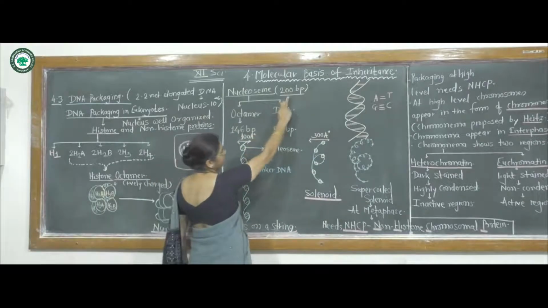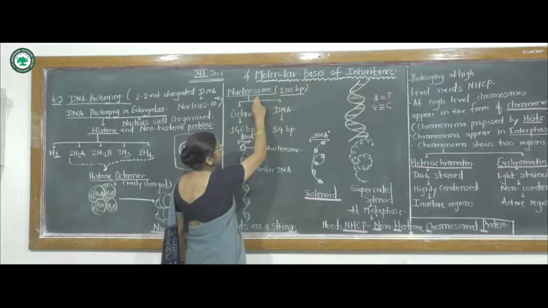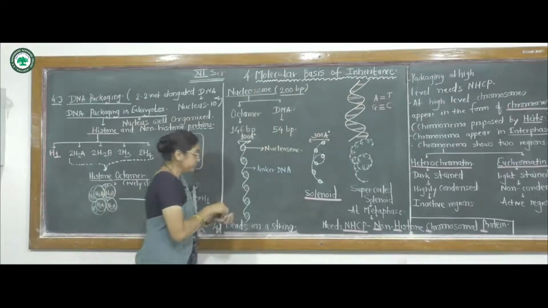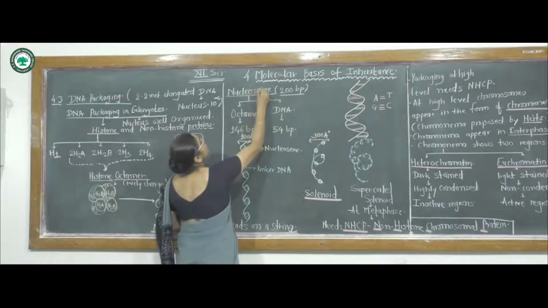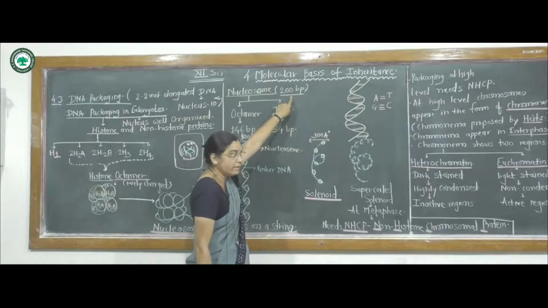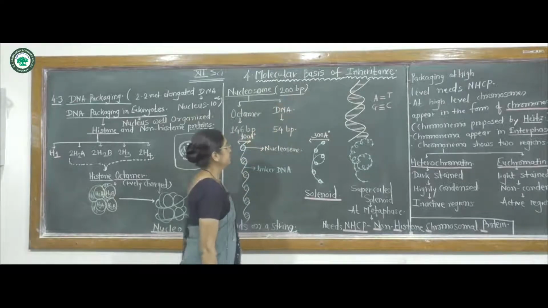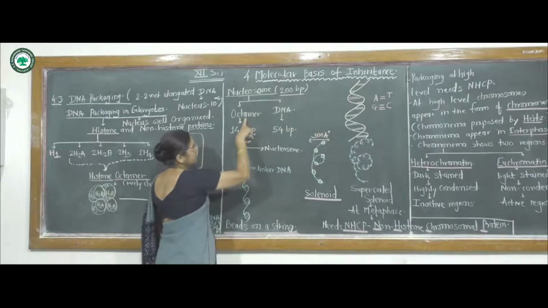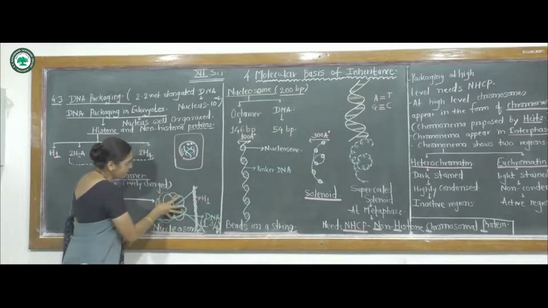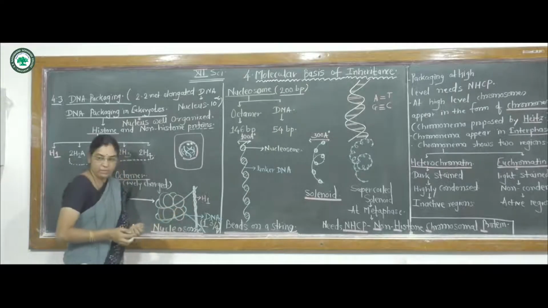So such nitrogen base pairs in the single nucleosome total 200 base pairs, out of which the central core, that means the octamer, has the DNA strand wrapped around it.